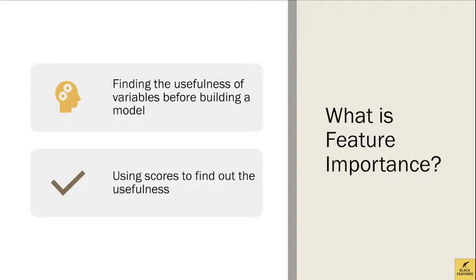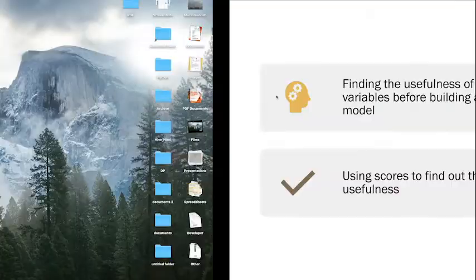So if we come up with an approach by which we only take those independent variables which actually lead to some kind of increase in the accuracy of the model performance, then that particular domain of data science is called feature importance.